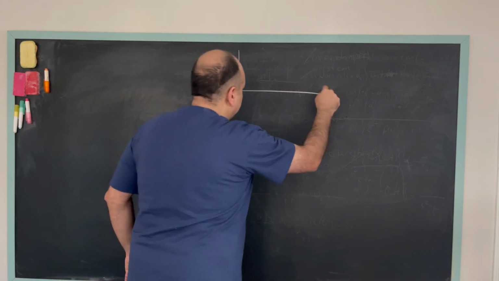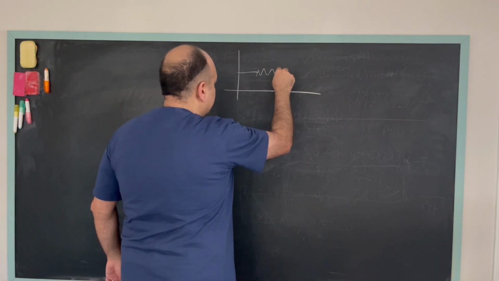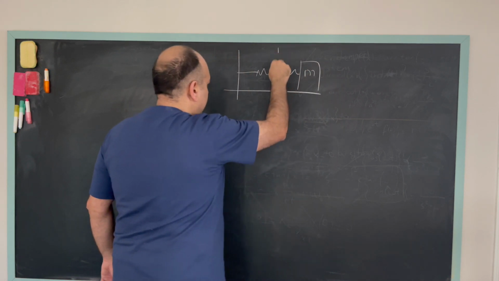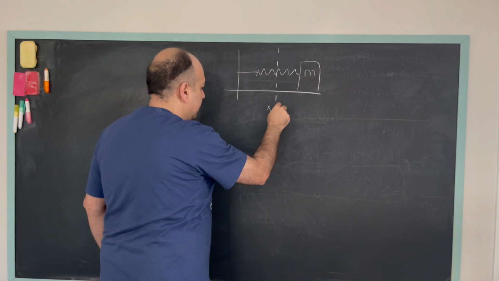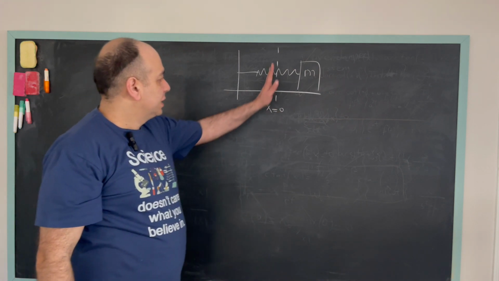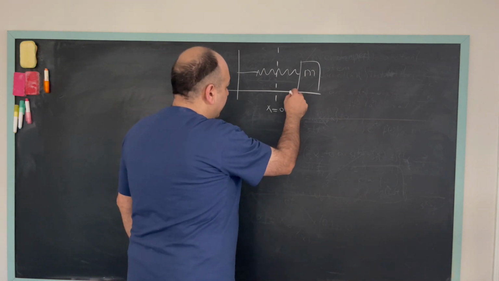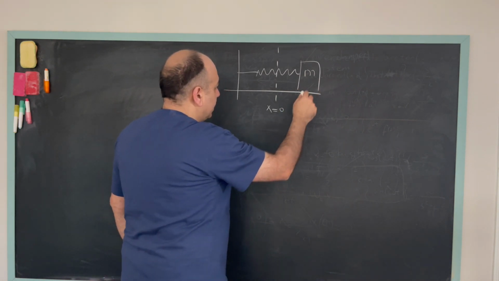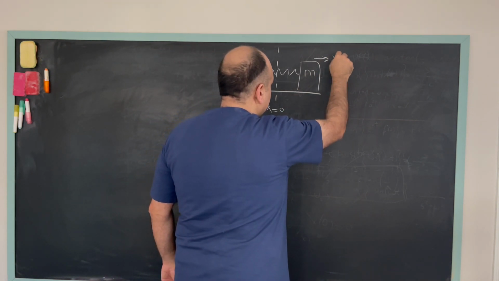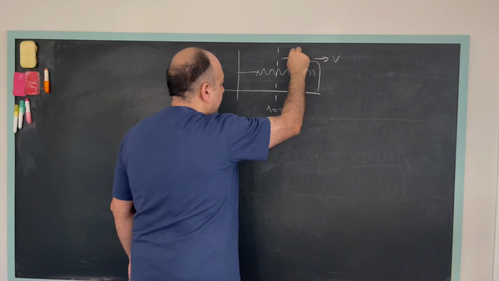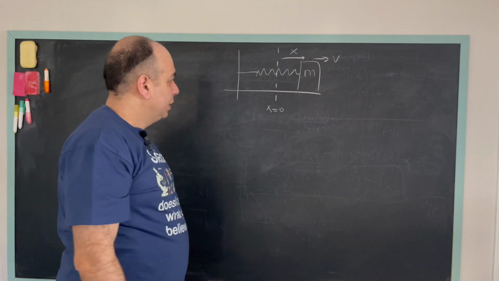So let's assume there's a spring attached to a mass m, and this is the equilibrium point. So x is equal to 0 is my equilibrium. Let's assume there is a drag force acting on the system. So at any given time t, let's say the mass is moving to the right, and this is my positive x direction.